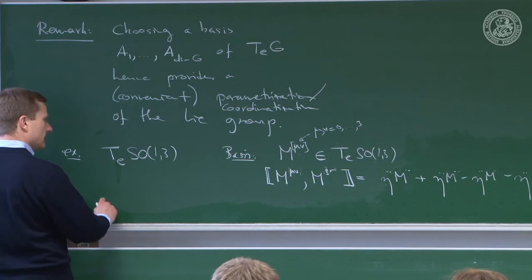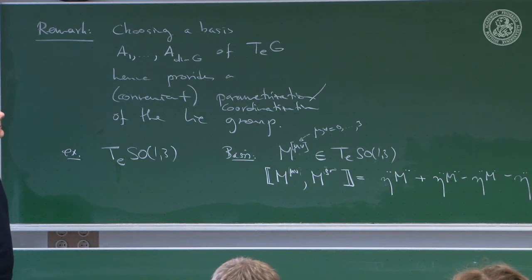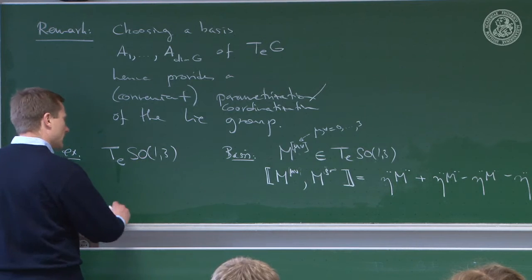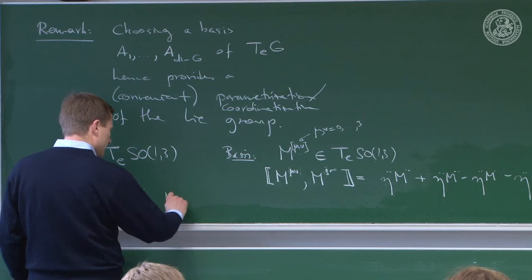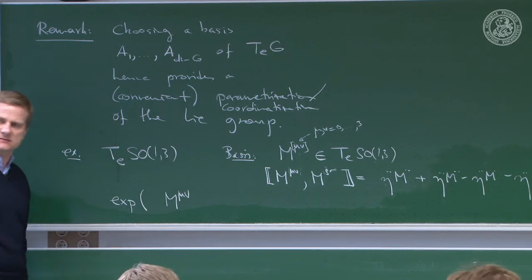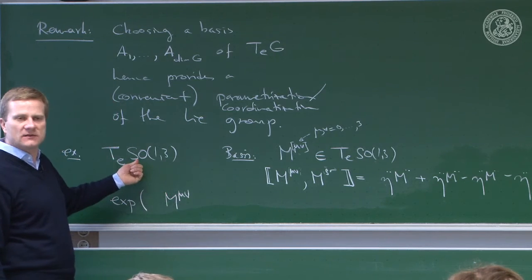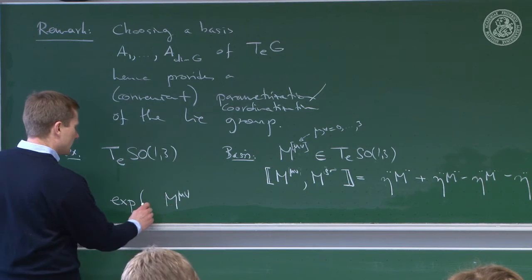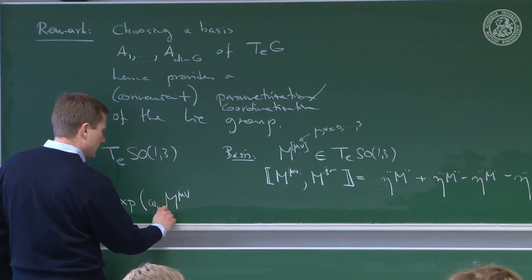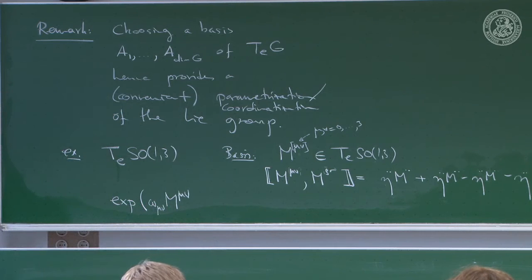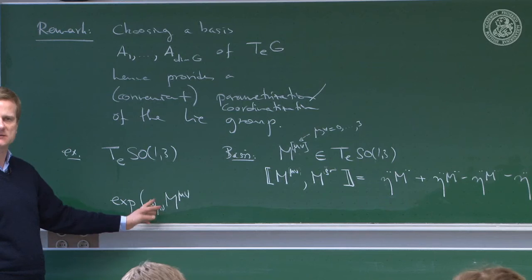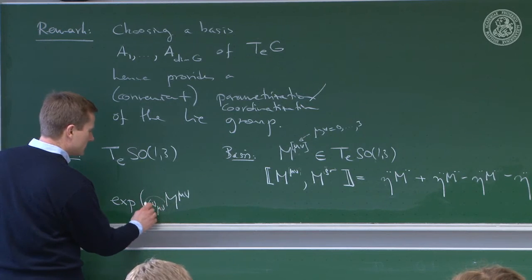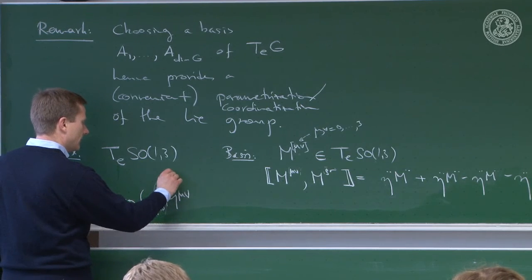And indeed, you get, well, hang on, do you get all of SO(1,3)? I think you just get the orthochronous subgroup, whatever. Anyway, you can consider exp of any of these guys, but because they're a basis, if I want to get any element of the tangent space here, well, I can do this by providing linear combinations with 6 coefficients, which I label ω_{μν}, but they're only 6 because this is just the label. So these ω_{μν}, each of them is just a real number.